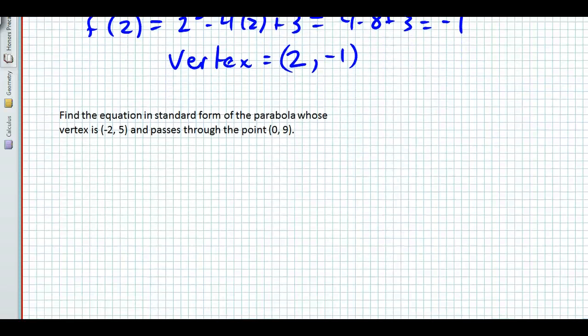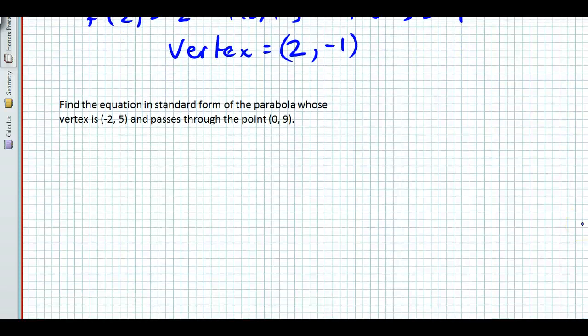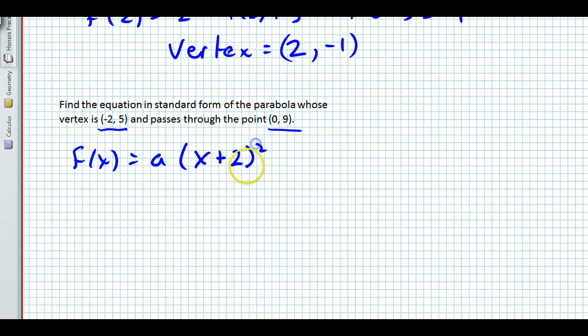Okay, so what happens if we know the vertex and a point but we don't know the equation? Well, in this case we're given that the vertex is negative 2, 5 and it passes through the point 0, 9. So that means that f of x is some number a times x plus 2 squared plus 5. Now why did I do plus 2? Because it's x minus h and it's x minus a negative 2, plus k, which in this case is 5.